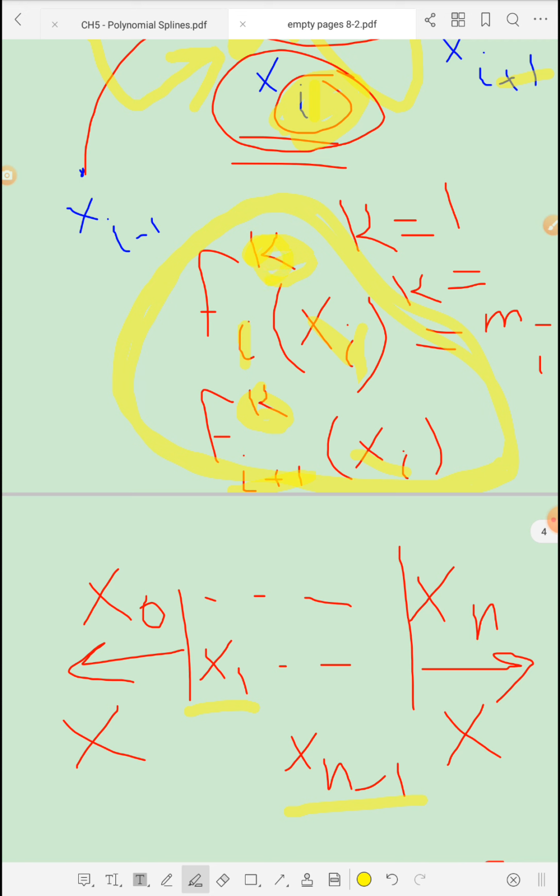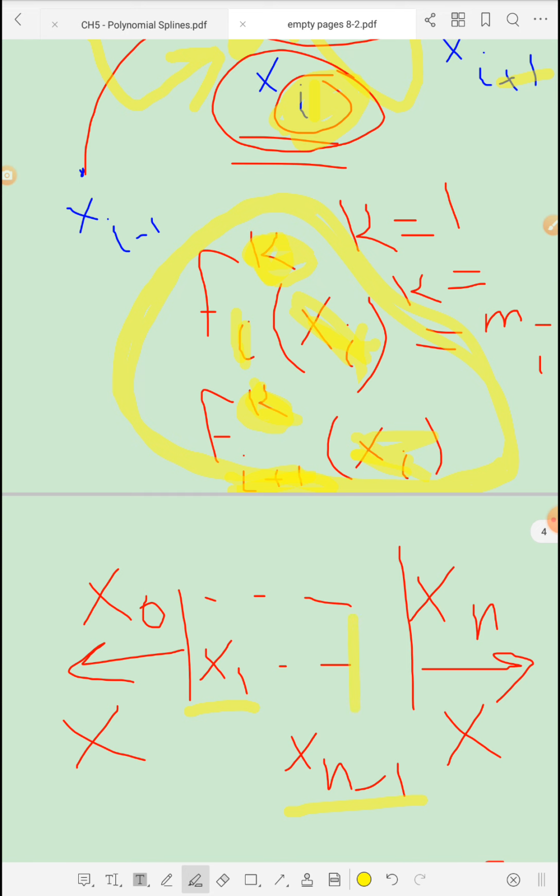The kth derivative for the ith polynomial at xi should be equal to the kth derivative of the i plus 1 polynomial at the same node xi. So i is within the range between 1 and n minus 1, while k is between 1 and m minus 1.